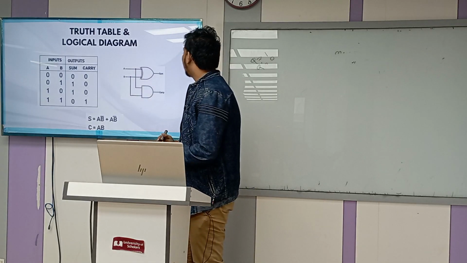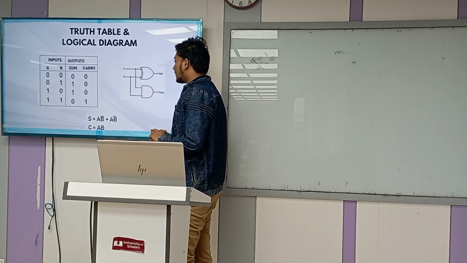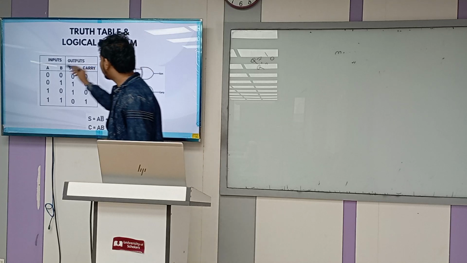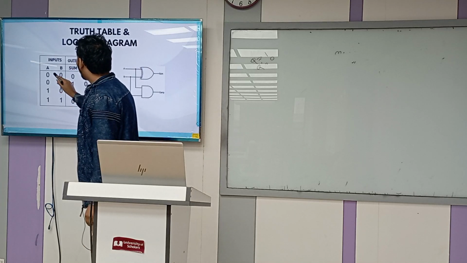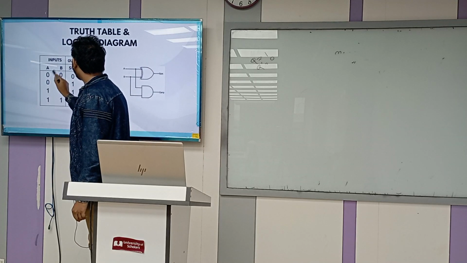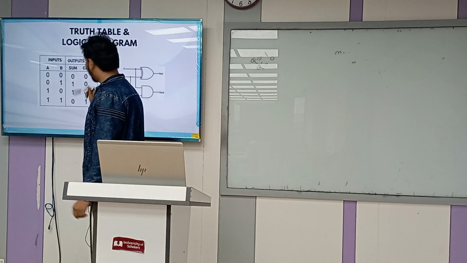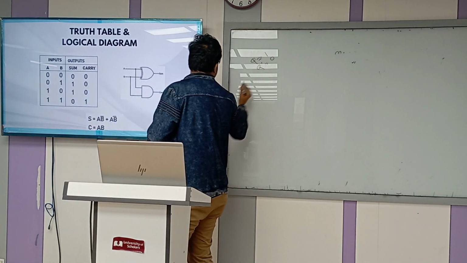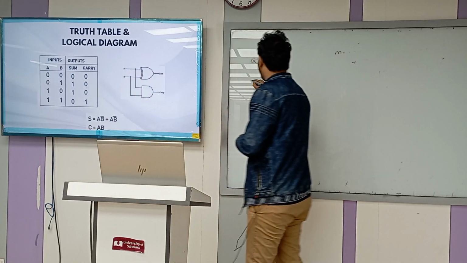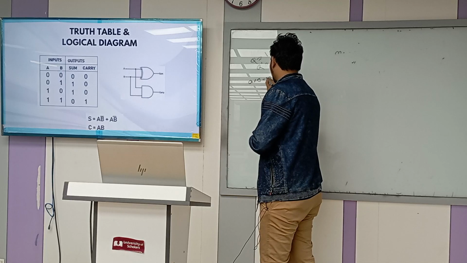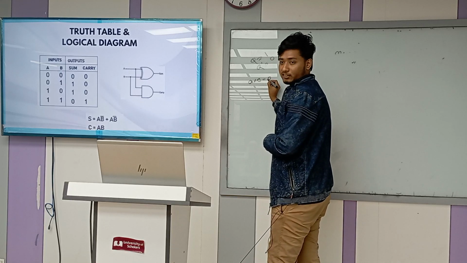Truth table and logical diagram of half adders. Here is the truth table. We can see when the inputs A and B are 0, the sum is 0 and carry is 0, because 0 plus 0 equals 0, and there is no carry.